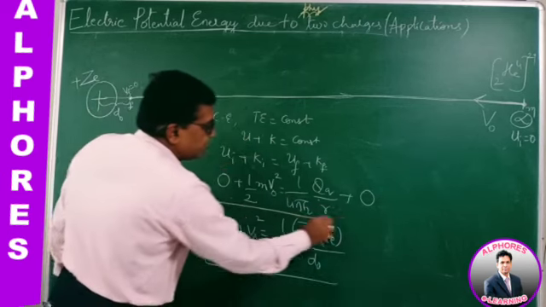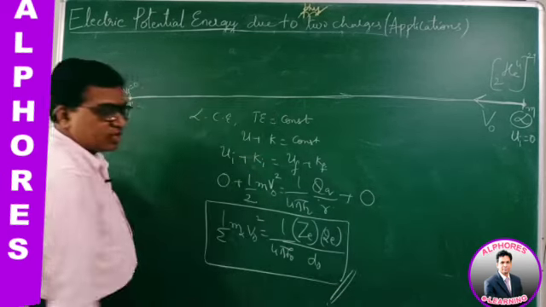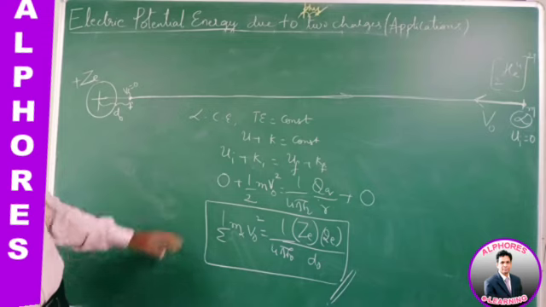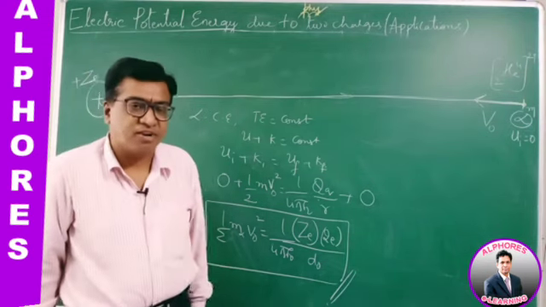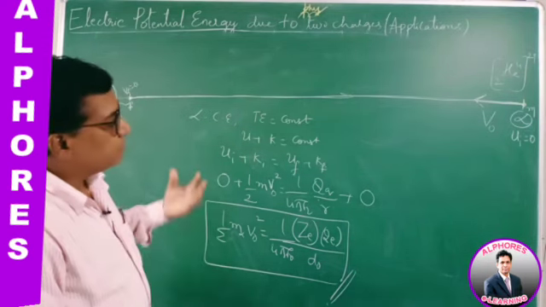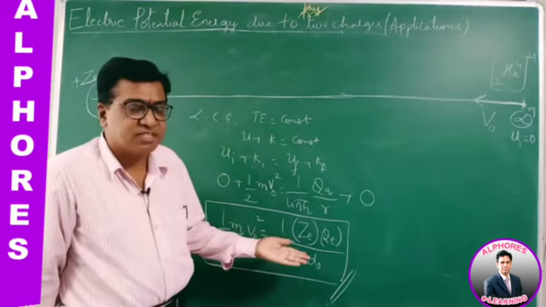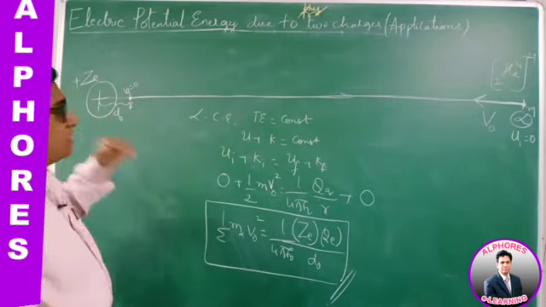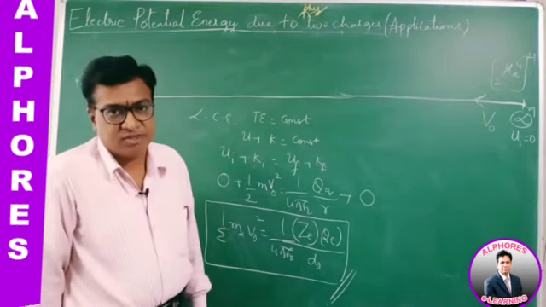Now from this relation you can find out the closest distance of approach. So this is one of the applications of the law of conservation of energy, based on which you can find out the closest distance of approach of the alpha particle with respect to the nucleus.